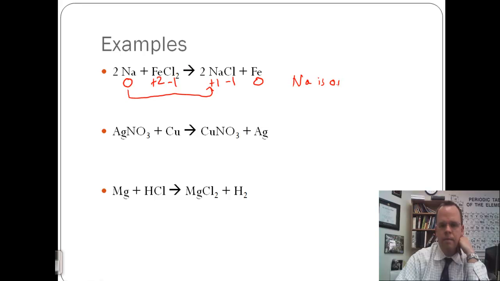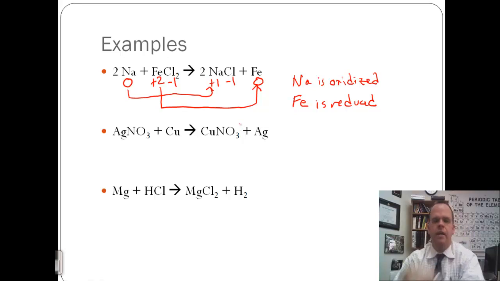So sodium is oxidized. Iron is going from +2 to 0, so it gained 2 electrons. Remember, electrons are negative, so gaining an electron means you go from positive to 0, or get more negative. So iron is reduced.